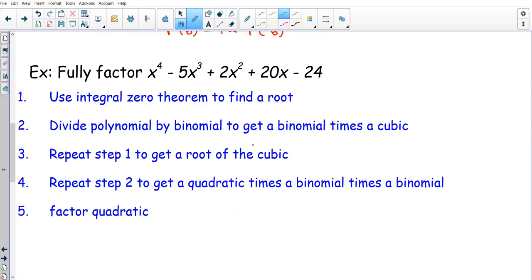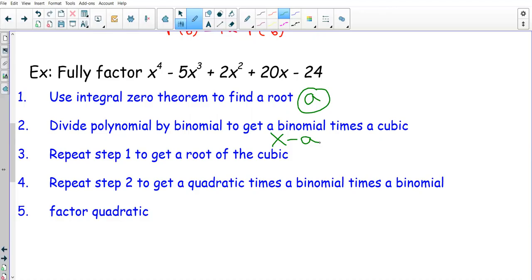Then I'm going to divide the polynomial by a binomial. And so I'm going to find a value of a here, and then I'm going to divide by x minus a. So I will get a binomial times a cubic. I will repeat that to get me a root of the cubic. I will divide again by a binomial.